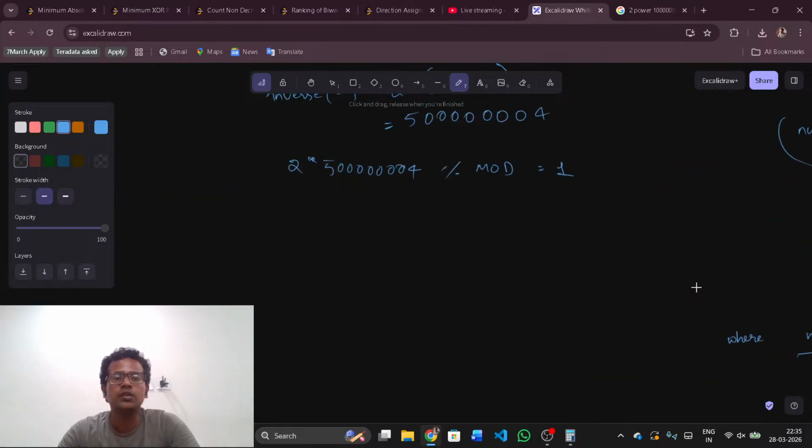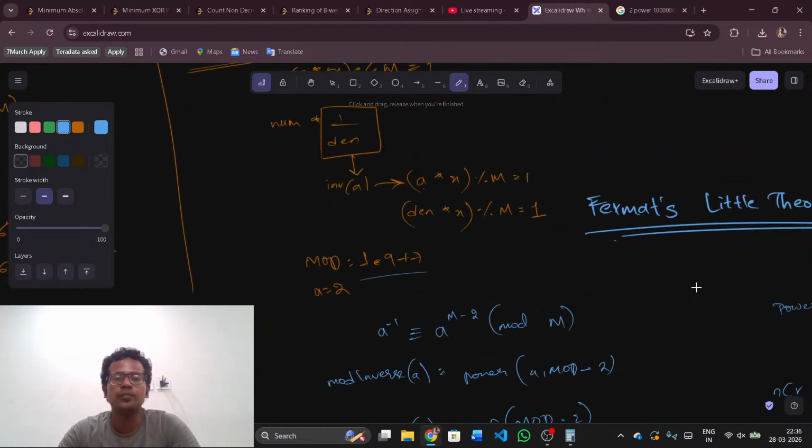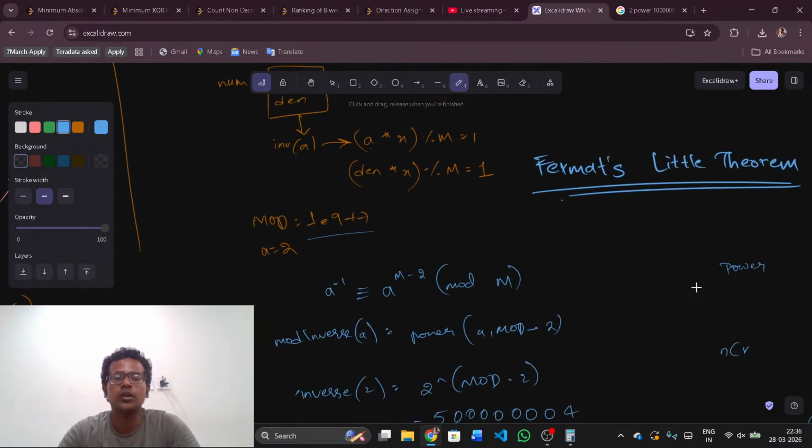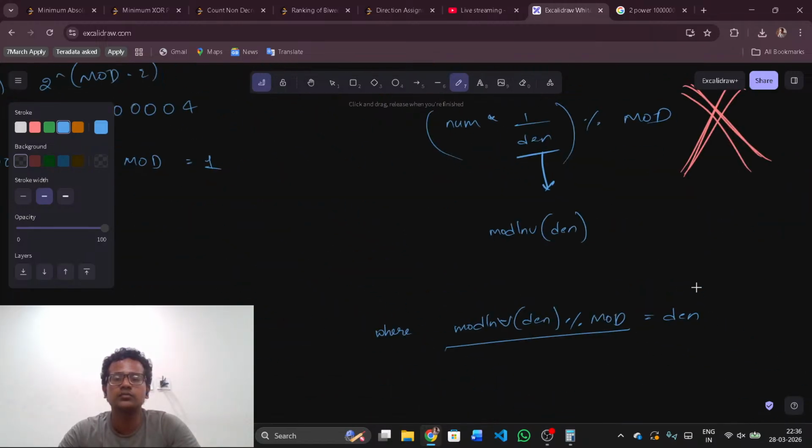Inverse of 2 is, I think everything is good to go, right? Denominator into x modular mod will be 1, right? I think we are good to go.